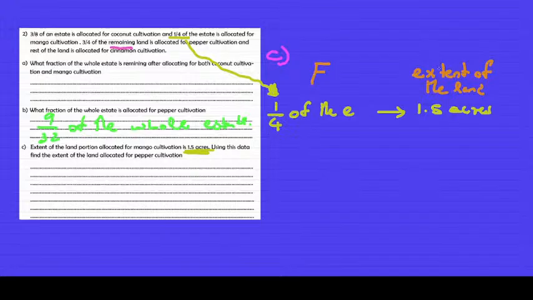So that's 1/4. And what are we supposed to find out? We're supposed to find out the amount of the extent of the land allocated for pepper. So what is the fraction for pepper? That's 9/32.